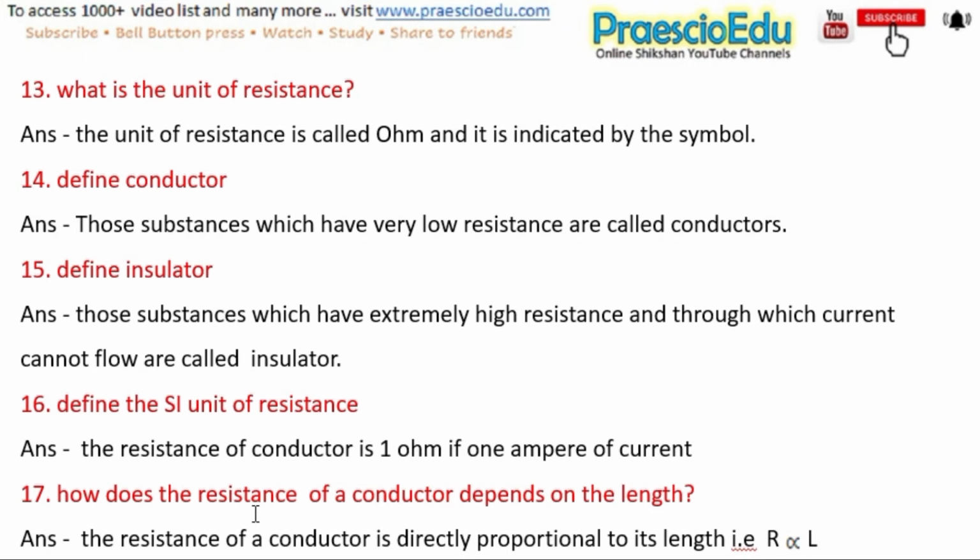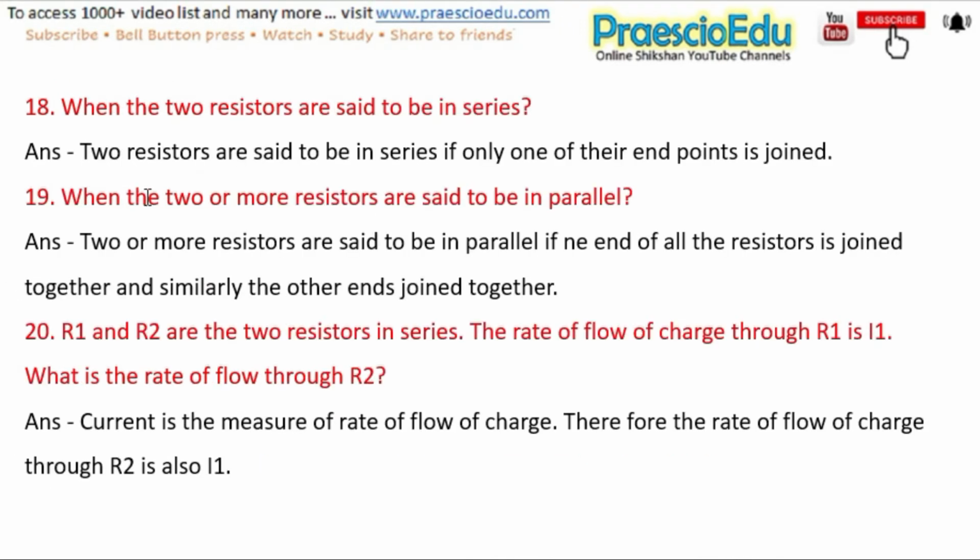Next one is how does the resistance of a conductor depend on the length, and the answer is the resistance of a conductor is directly proportional to its length, means that is R is directly proportional to L. Next question is when are two resistors said to be in series, and the answer is two resistors are said to be in series if only one of their endpoints is joined.